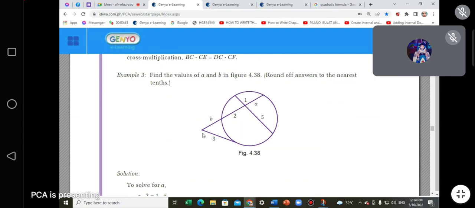You can look at your textbook if you want. What part of this secant segment do I need? We need the product, but what parts of the secant segment do you need?